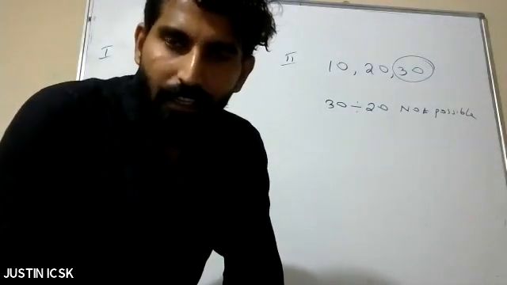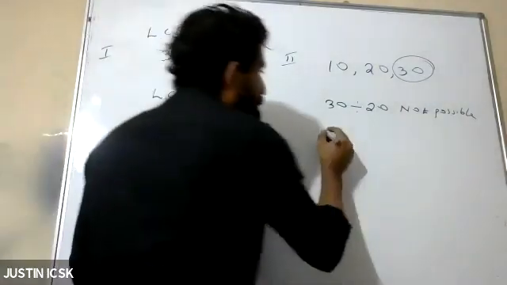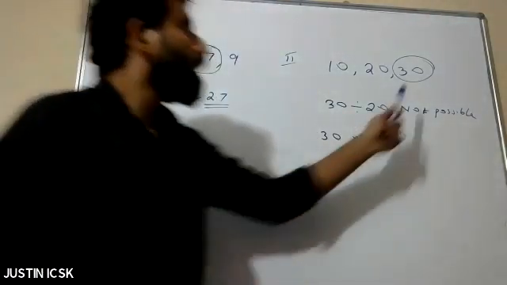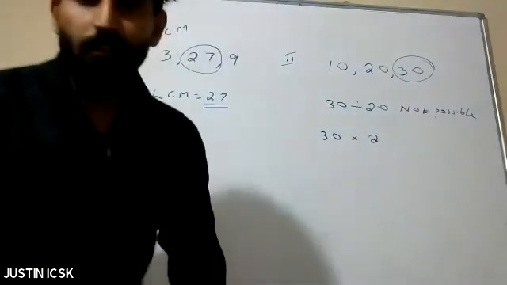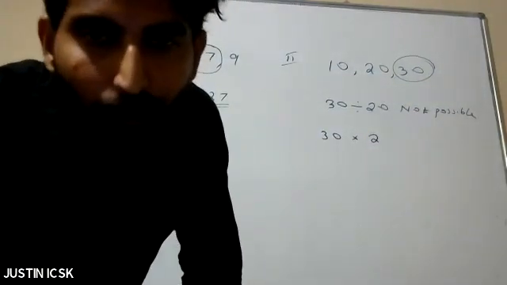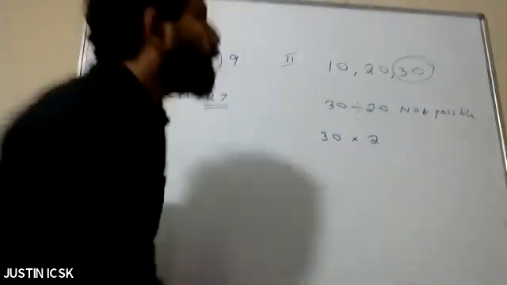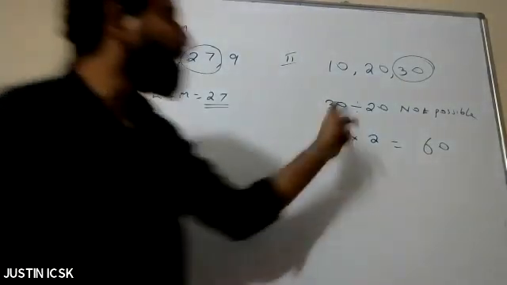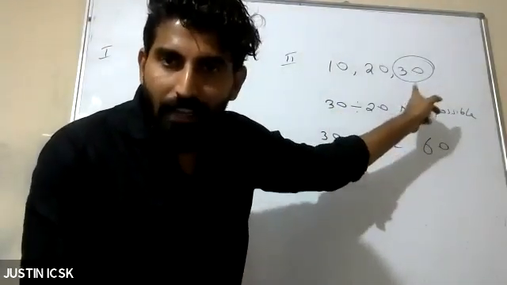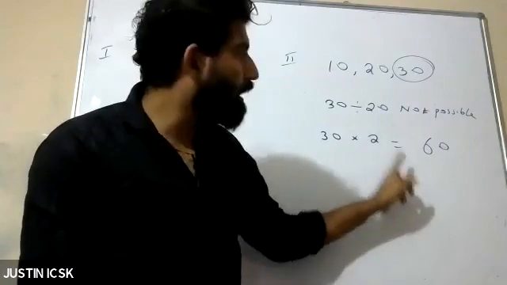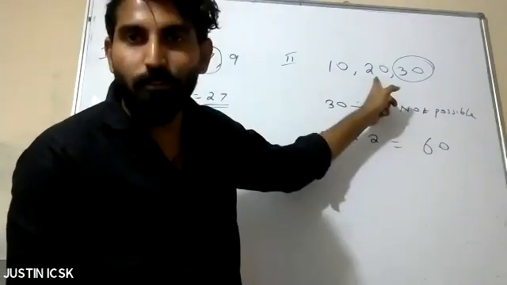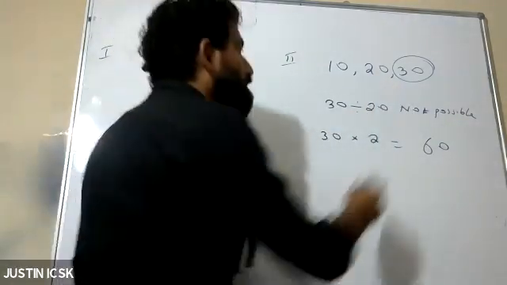So in that case, what you have to do is just take the 30 and multiply by 2. So you will get 60. If anything is not possible, take the biggest number and multiply by 2, that gives 60. Now you check 60 by 10 possible, 60 by 20 possible. So the answer is 60.